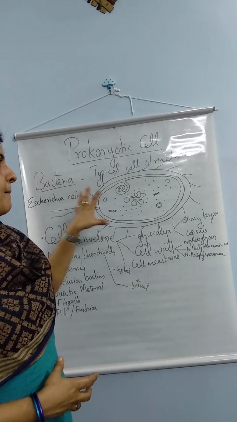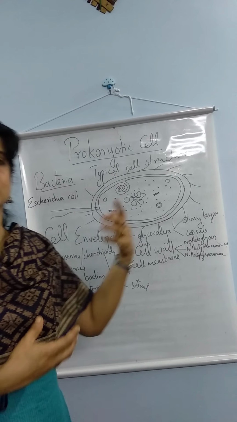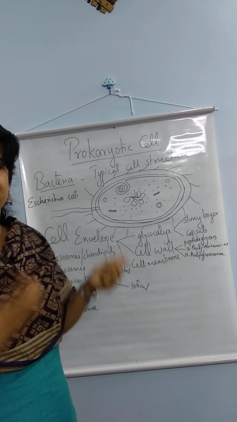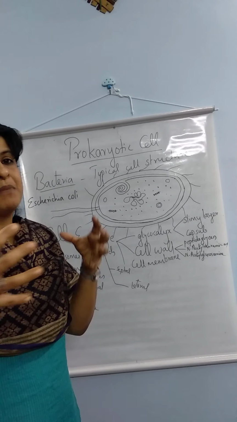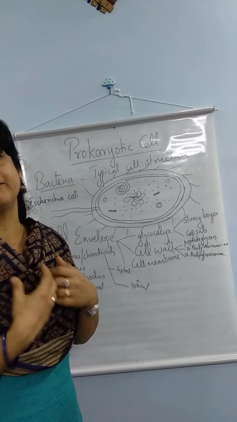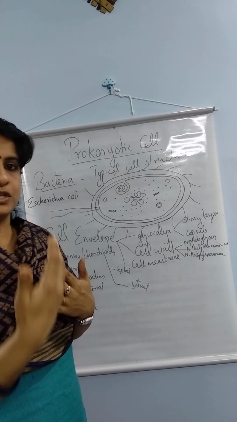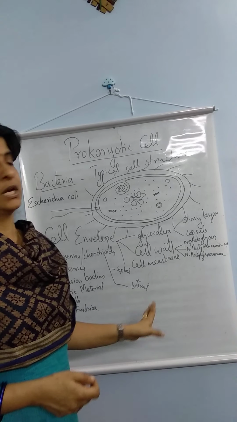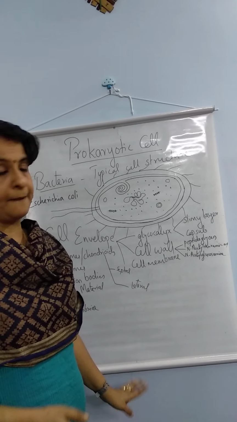Some pili are called sex pili. They help to bring two bacteria close to each other for the purpose of conjugation, that is transferring genetic material from one bacterium to another. So for that also pili or fimbriae are used. So these are the parts coming in a typical prokaryotic cell.